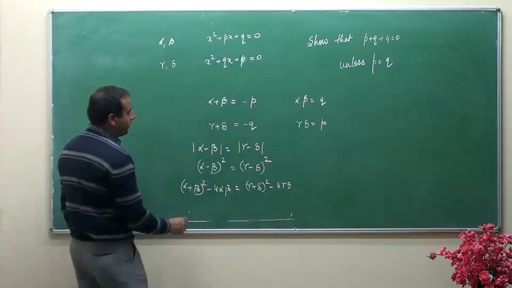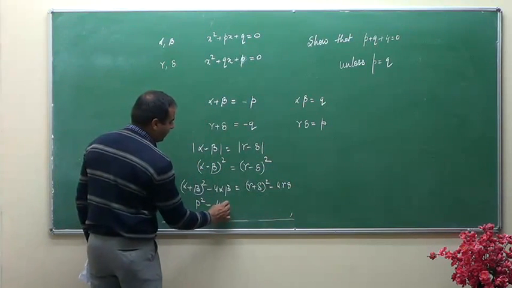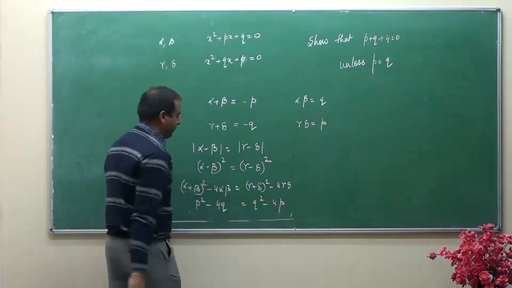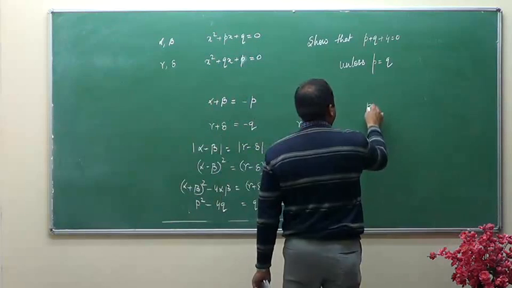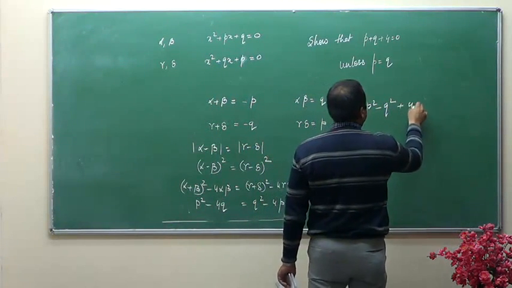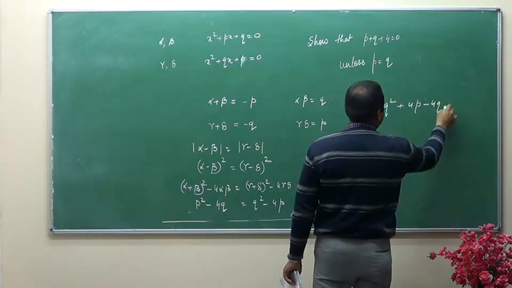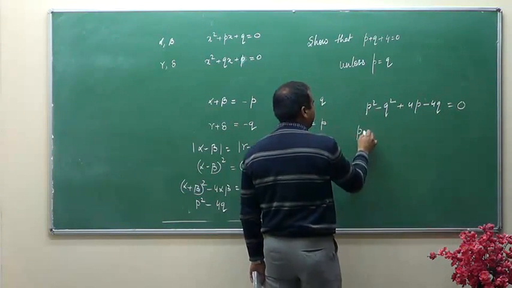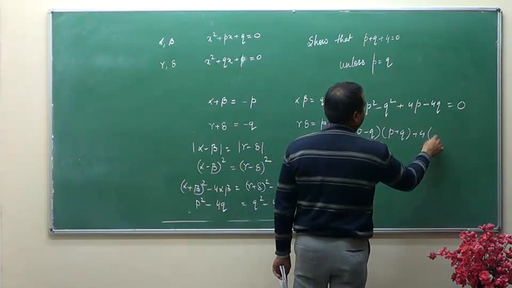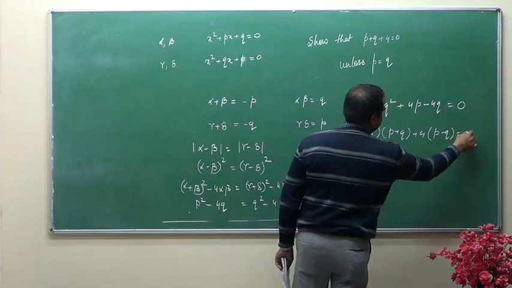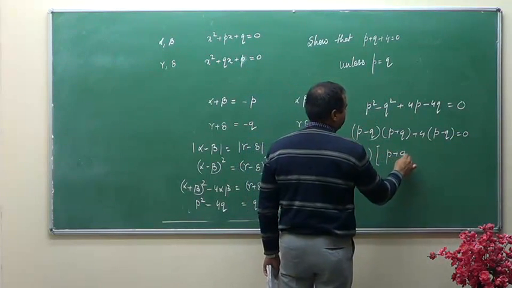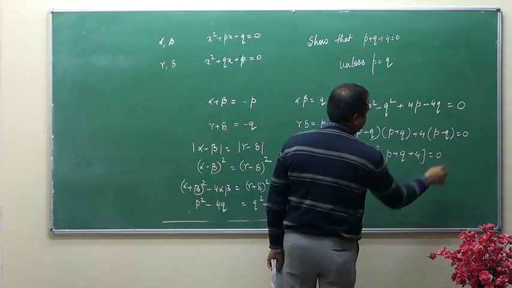So it is p square minus 4q, and it is q square minus 4p. So we can write p square minus q square plus 4p minus 4q is equal to 0. We can take p minus q common, and it is p minus q into p plus q plus 4 is equal to 0.